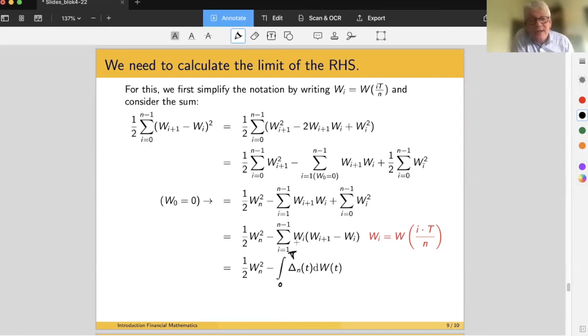That is, in fact, the thing that we wanted. Here is our w, our dw, and here is w_i, the left side point of this function. So this is, in fact, the one that we had with our partition n. And this one remains 1/2 w_n squared.